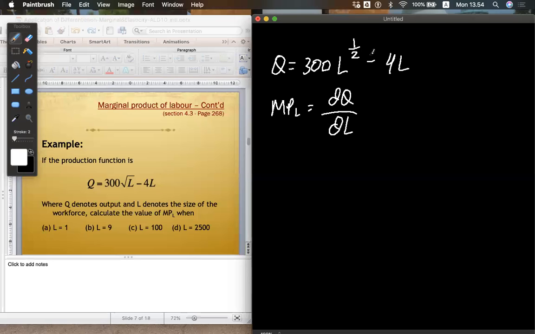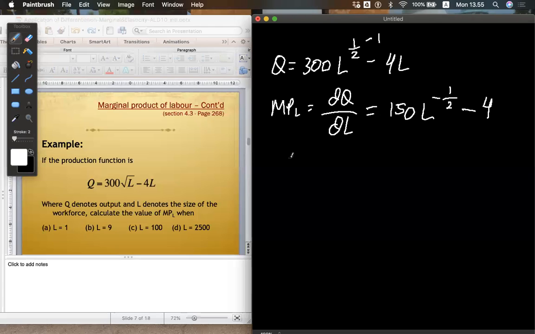So, using the rule of derivative, 300 L power half: half times 300 is 150, L power half minus 1, so it becomes minus half. And then minus 4L becomes minus 4. So this is the MPL.